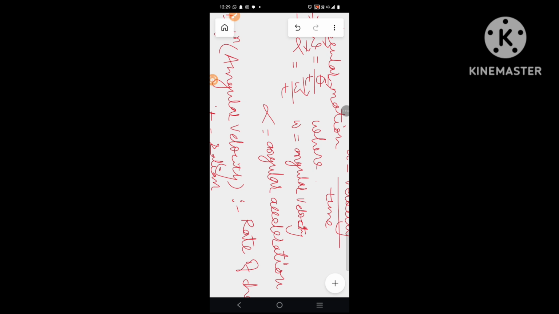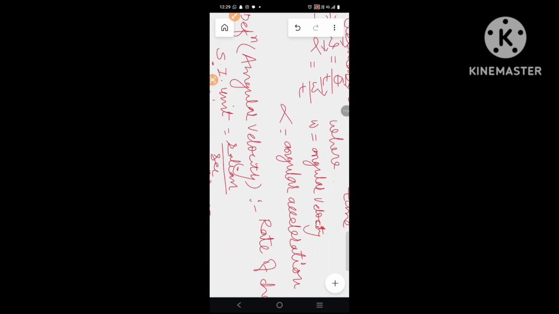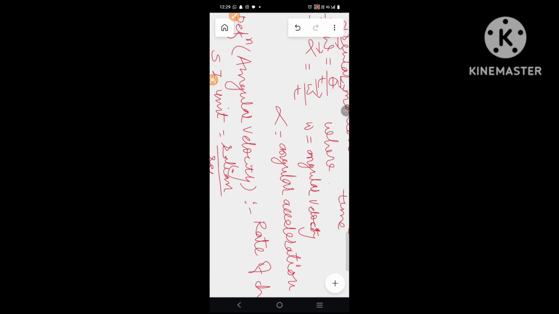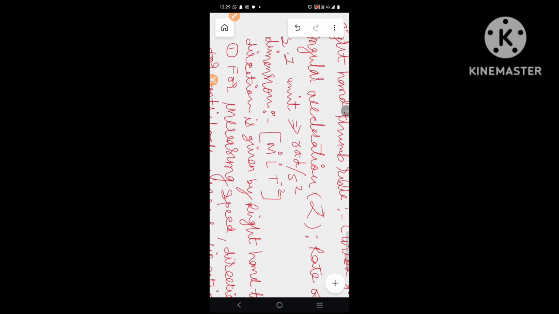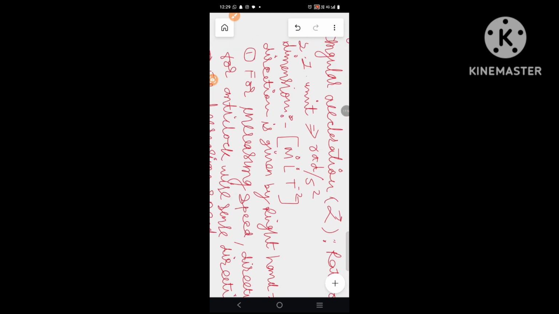That's why it is called the rate of change of angular velocity with time. Its unit is angular velocity, radian per second, divided again by second, meaning radian per second square. So its SI unit is radian per second square. Dimensions are [M^0 L^0 T^-2].